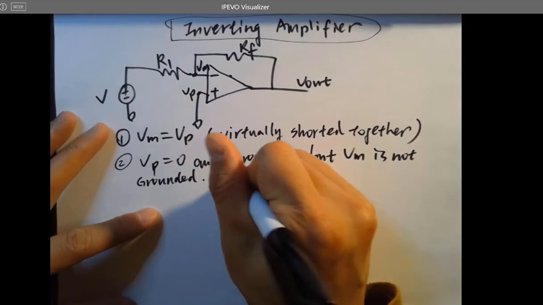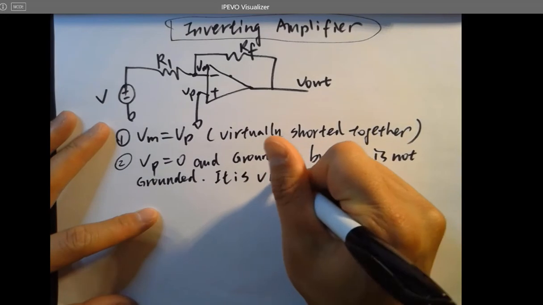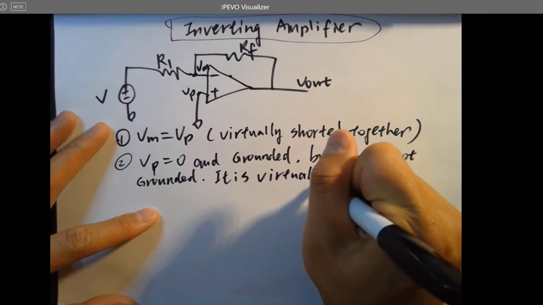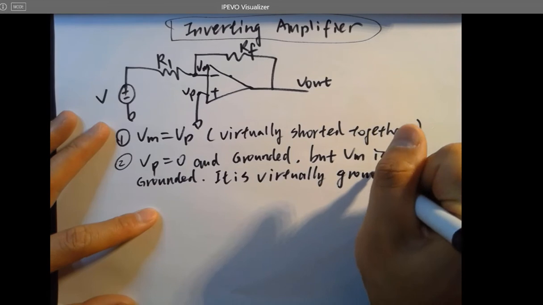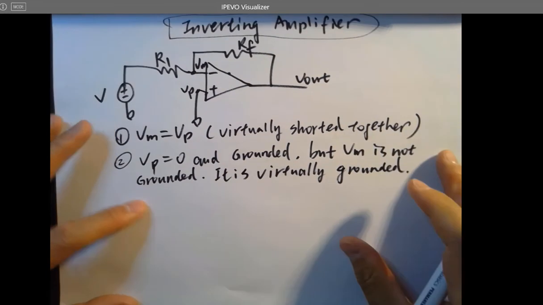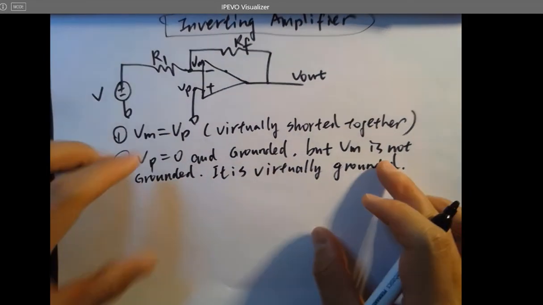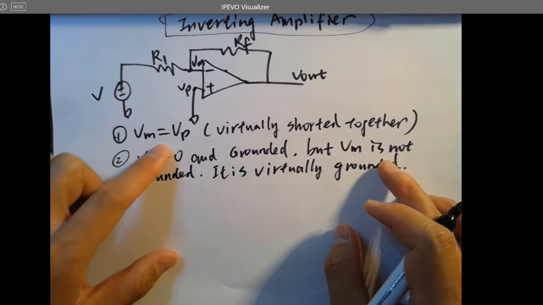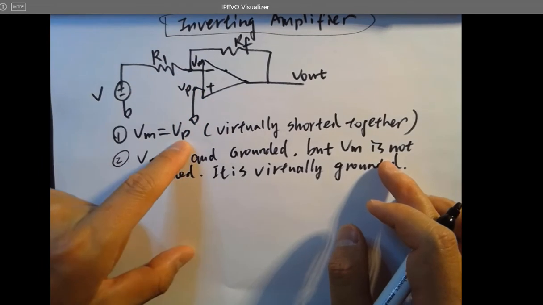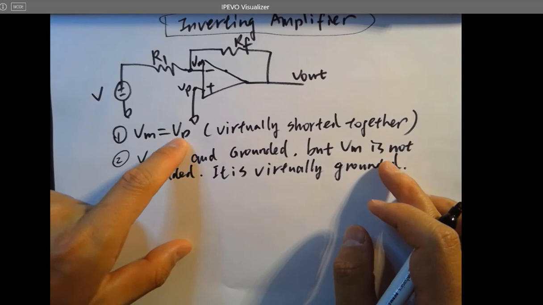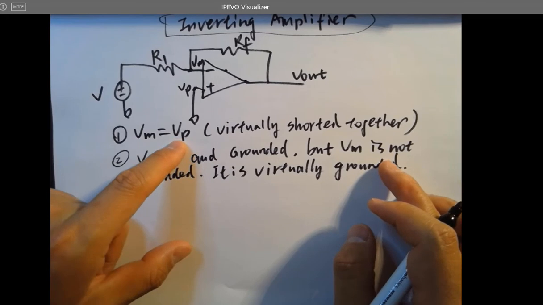It is virtually grounded. Why do we need this terminal to be virtually grounded instead of being grounded? We are saying this equals this, but only in terms of voltage, but not in terms of connection.